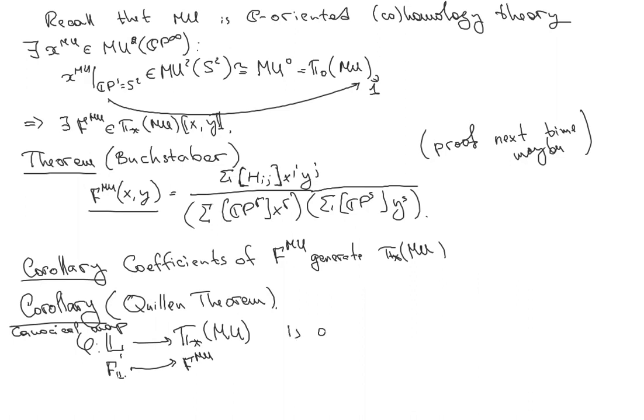And this map is an isomorphism. This is indeed a corollary, because the coefficients generate pi star of mu, and they have an equal set of free polynomial generators. Therefore, this map is an isomorphism.